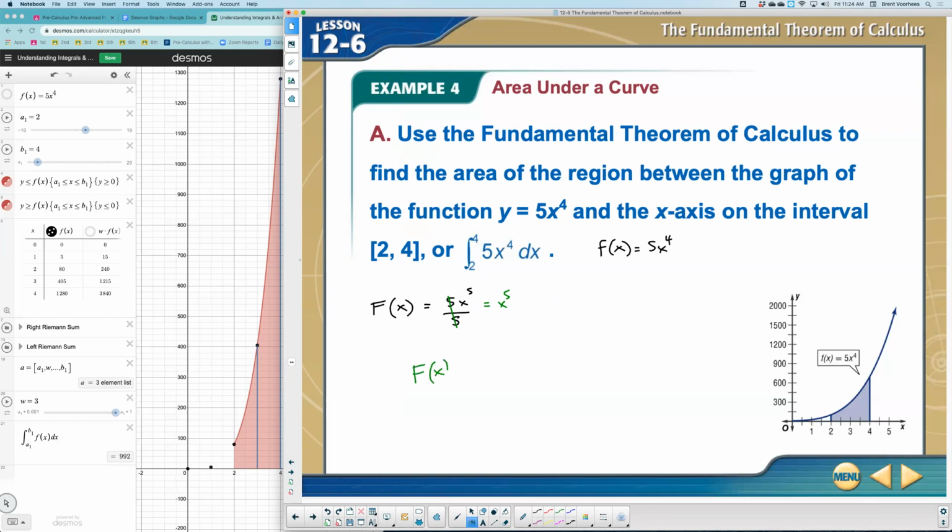And so f of x evaluated from 2 to 4 is going to equal, what we'll do is plug in a 4 first, 4 to the fifth power, and then subtract 2 to the fifth power. So I took this equation and substituted 4 into it, and then I'm going to subtract and substitute the 2 into it, and we'll evaluate this.